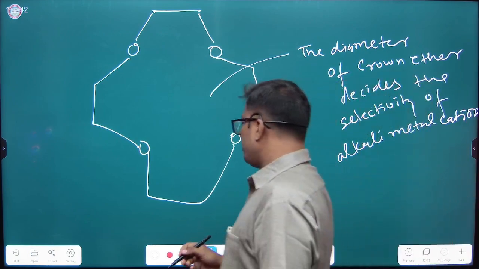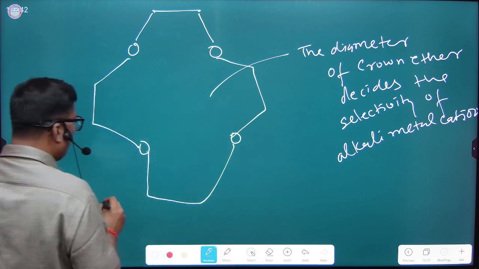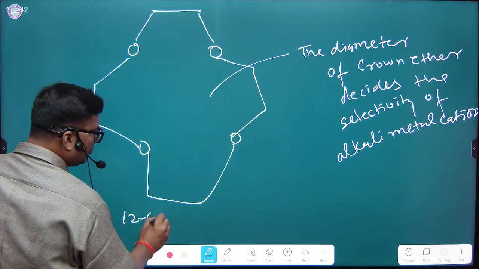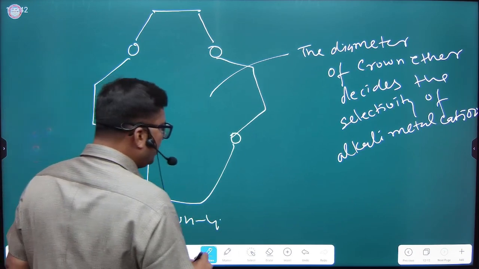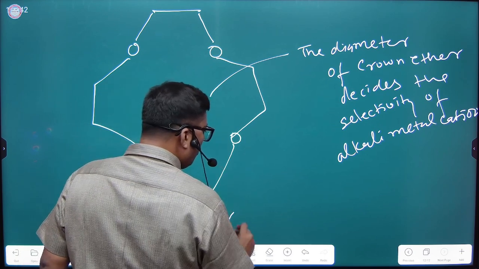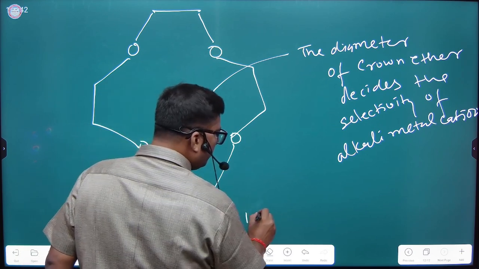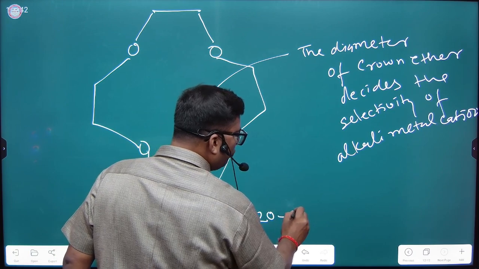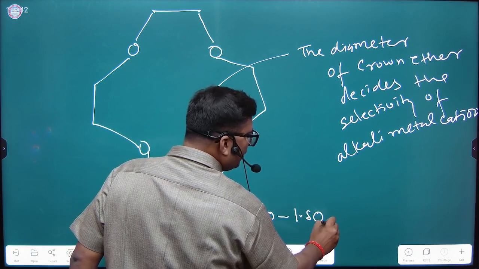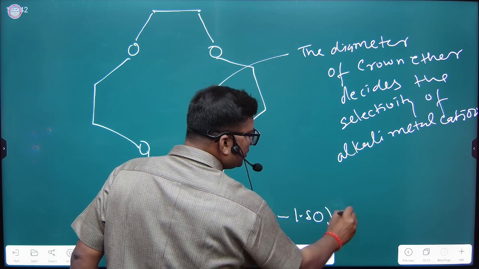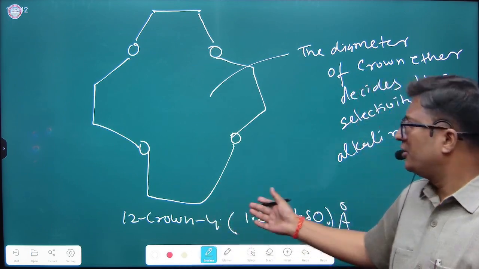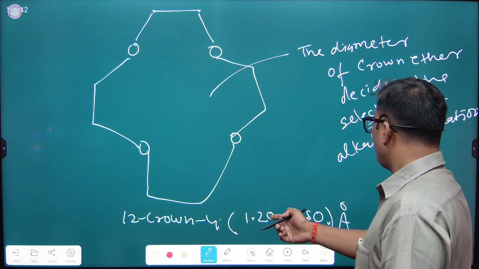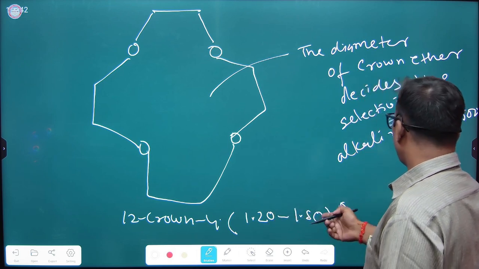In the case of 12 crown 4, it has a diameter range of 1.20 angstrom to 1.50 angstrom, right? So the diameter of this crown ether is 1.20 to 1.50 angstrom.